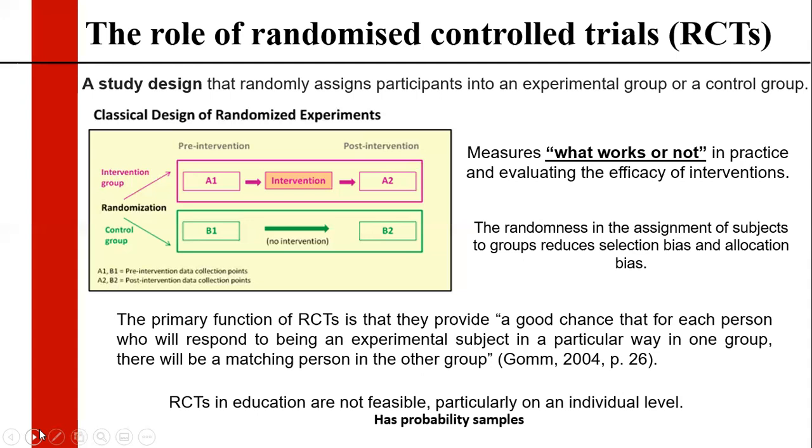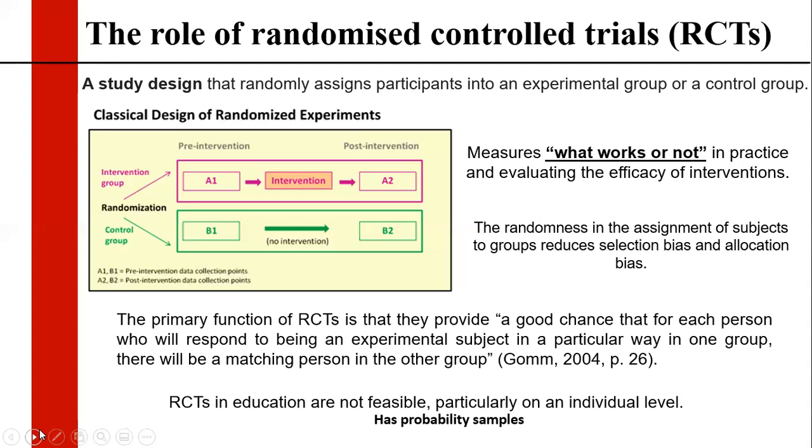As you can see in the image where it says classical design of randomized experiments, A1 and B1 are the pre-intervention data collection points, and then A2 and B2 are the post-intervention data collection points. So as you can see, there is an intervention group and a control group, and between those, there is a randomization.